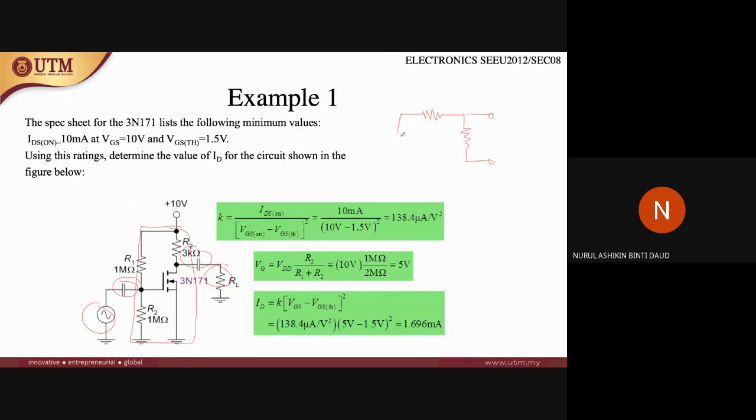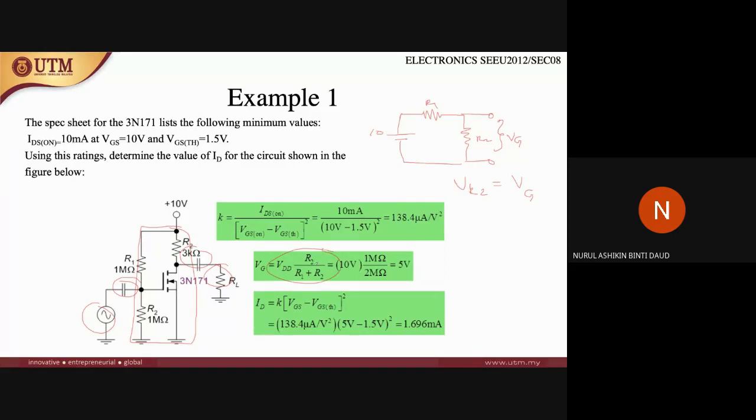And this is 10 volts here. VG is parallel with R2, so VR2 is equal to VG. If you calculate, you will get like this.